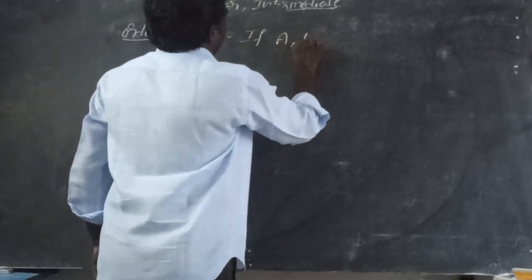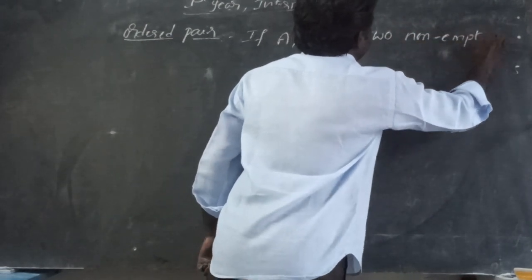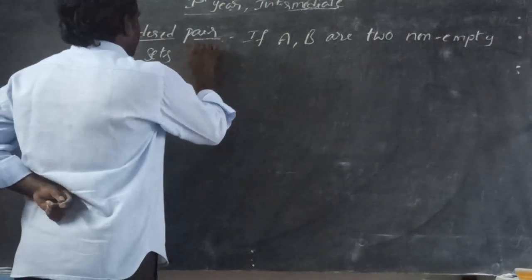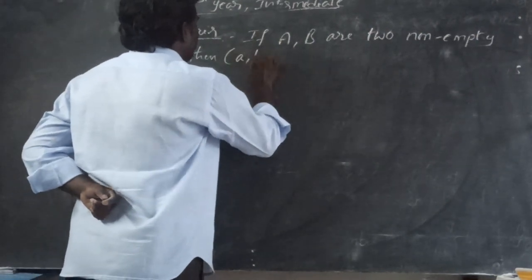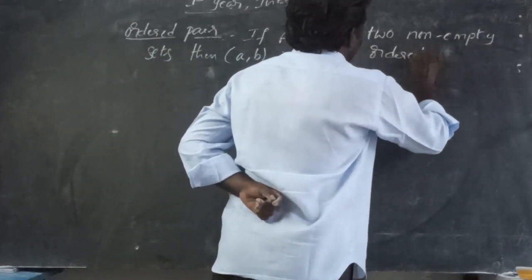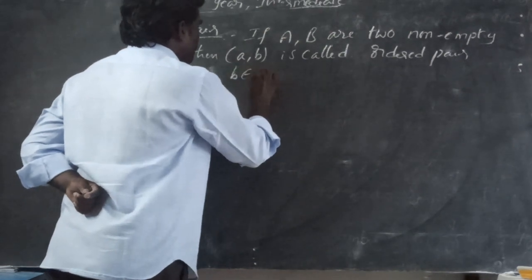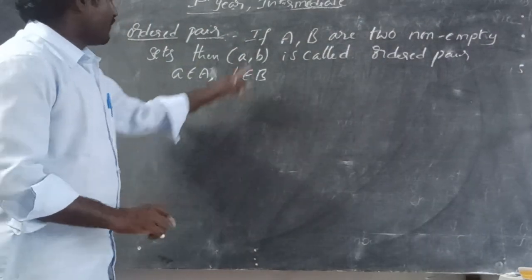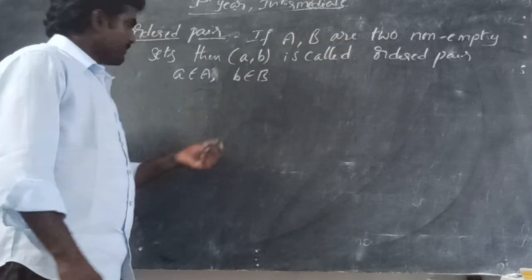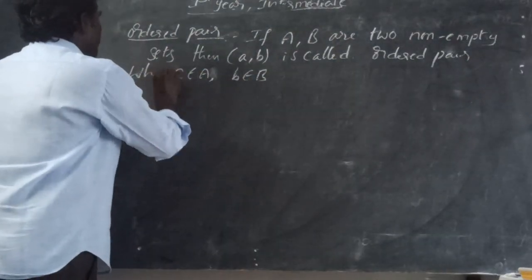If A and B are two non-empty sets, then (a, b) is called an ordered pair, where a belongs to capital A and b belongs to capital B.